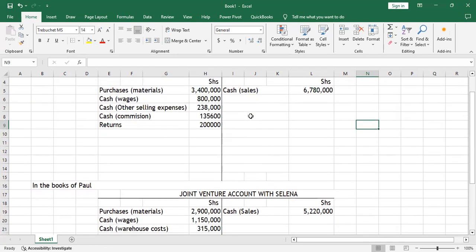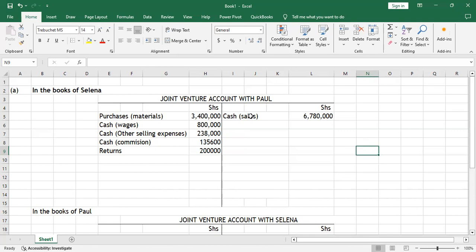Now we have to close off these accounts, but before we close them off, we have to prepare what we call a memorandum joint venture account. I told you that the memorandum joint venture account is normally prepared to find out the profit that has been earned by the parties in their own ventures.